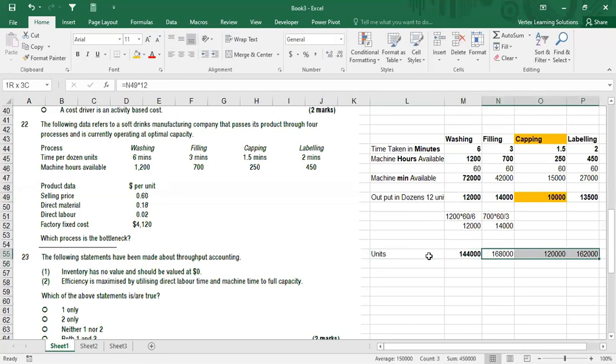And here you can see that the lowest number of units are produced by this department, 120,000. That's your bottleneck, capping. Important thing to take care in this question is this minutes and hours.